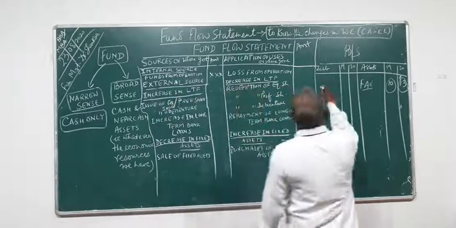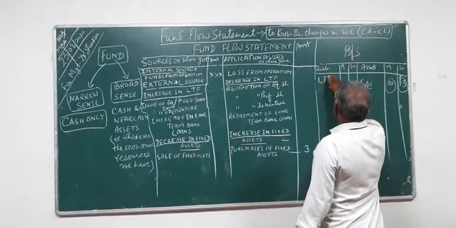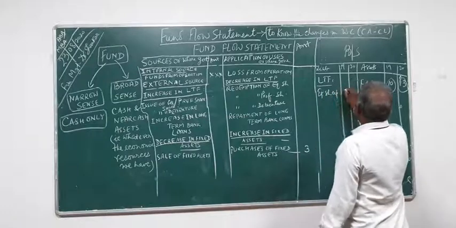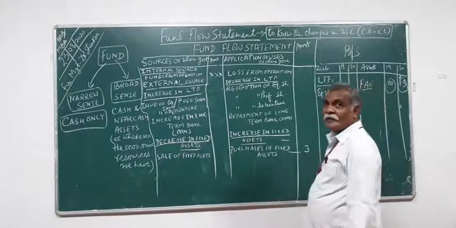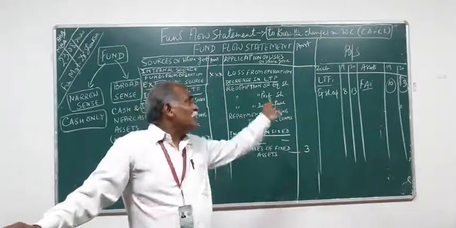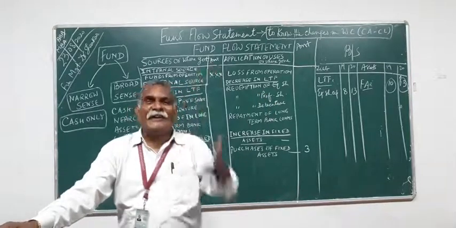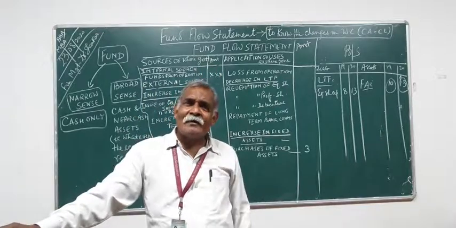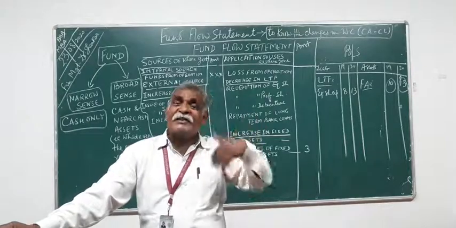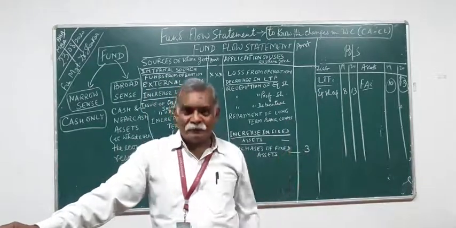Now, if I consider here equity shares, that is long-term fund. Suppose equity share capital is 8 and 13. What does it mean? Why did 8 become 13? Because you have issued new shares. Why have you issued new shares? Because we are in need of fund for expansion, diversification, modernization, replacement of the old machine with the new one.